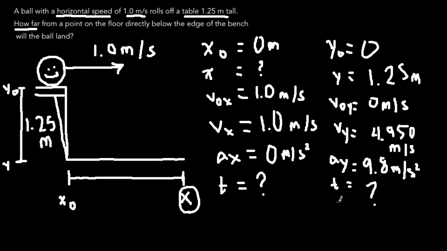So we can use this equation to solve for time, because we know this value, we know this value, and we know this value. Once again, we can't mix and match the x's and the y's. We have to consider the values from only one half, and we're going to use the y half because this has data that will compute.